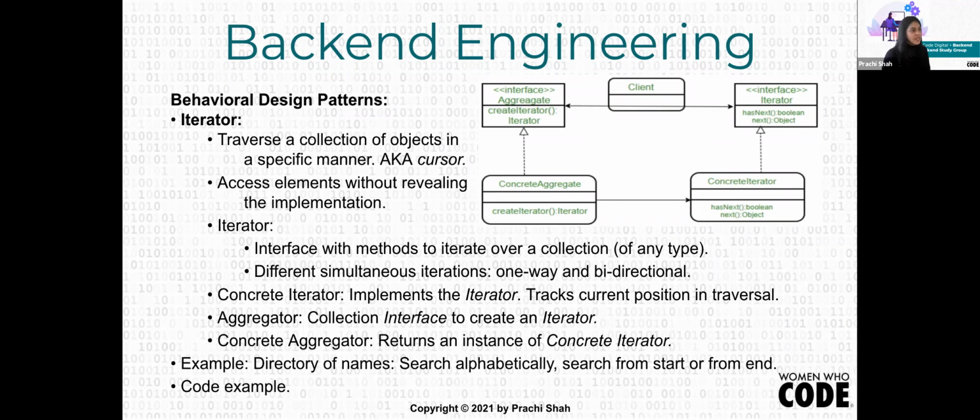Concrete iterators implement the above iterator interface, and they also track the position of the cursor, or the current position in the traversal. And then we'll use an aggregator object, which helps create an iterator. The concrete aggregator will be an instance of this aggregator and implement the concrete iterator.